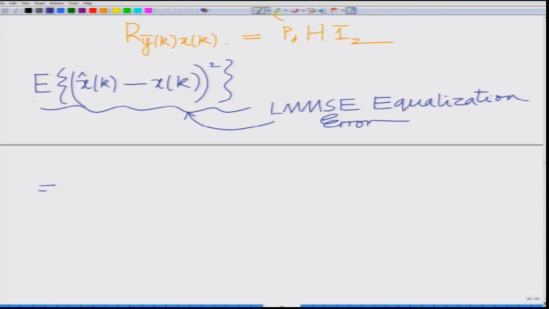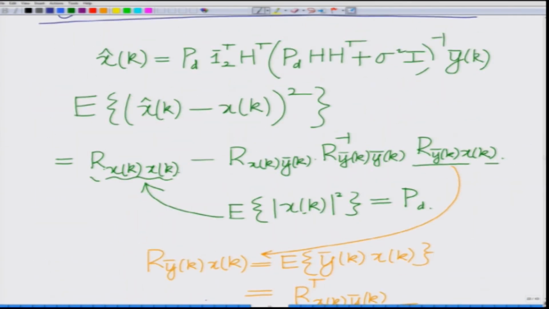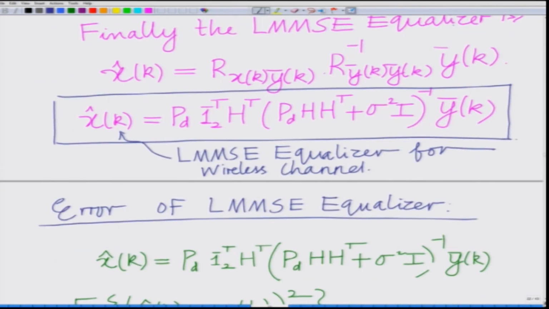This is equal to r xk xk, that is PD, minus this expression, r xk y bar k r y bar k inverse, which is nothing but the LMMSE equalizer, that is PD 1 bar 2 transpose H transpose into (PD H H transpose plus sigma square I) inverse.